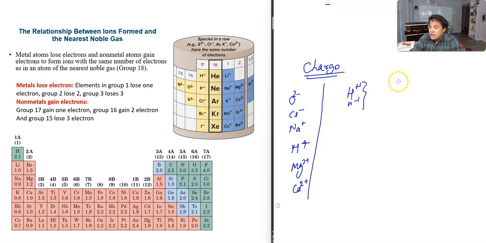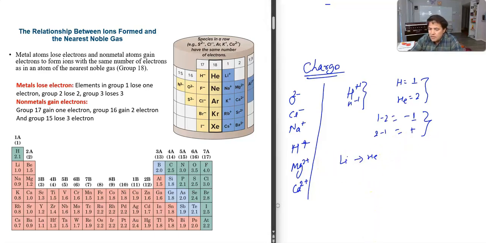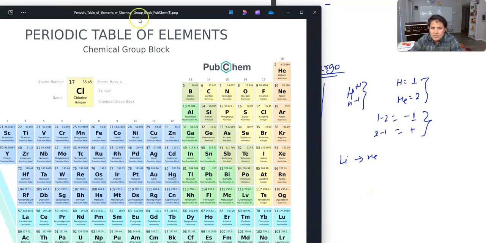What is the nearby inert gas? It is helium. Hydrogen has atomic number 1, and helium has atomic number 2. Subtract: 1 minus 2 is equal to -1, and 2 minus 1 is equal to +1. So hydrogen can be -1 or +1. Now lithium: lithium's closest inert gas is helium.